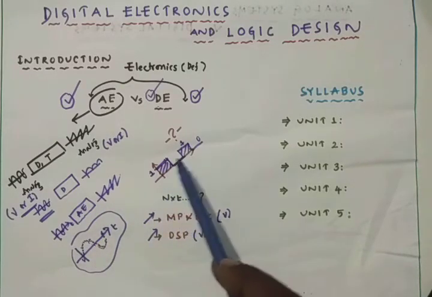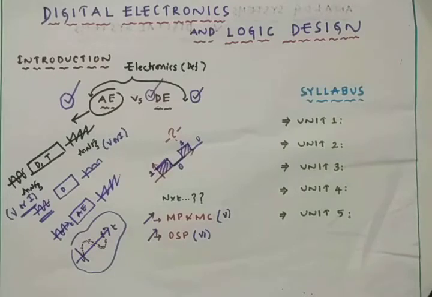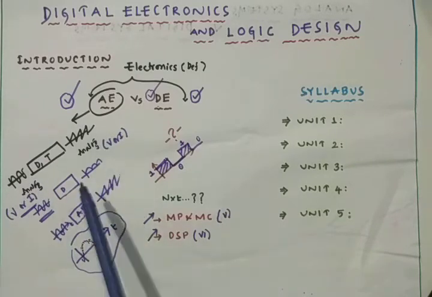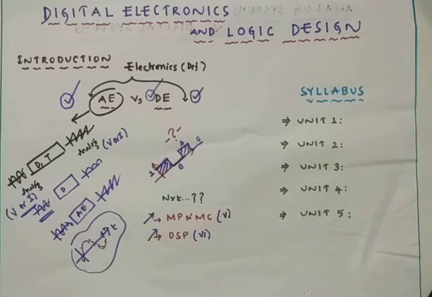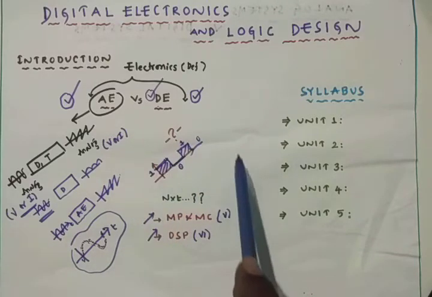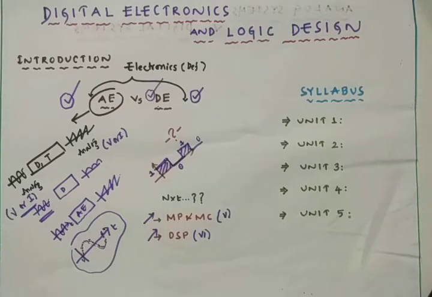Here we will be having only two amplitude levels in case of a digital signal, whereas in case of an analog signal we will be having infinite amplitude levels. This branch of electronics is named as analog electronics. We have studied it in the 3rd semester itself, and we are going to study digital electronics in the 4th sem now.